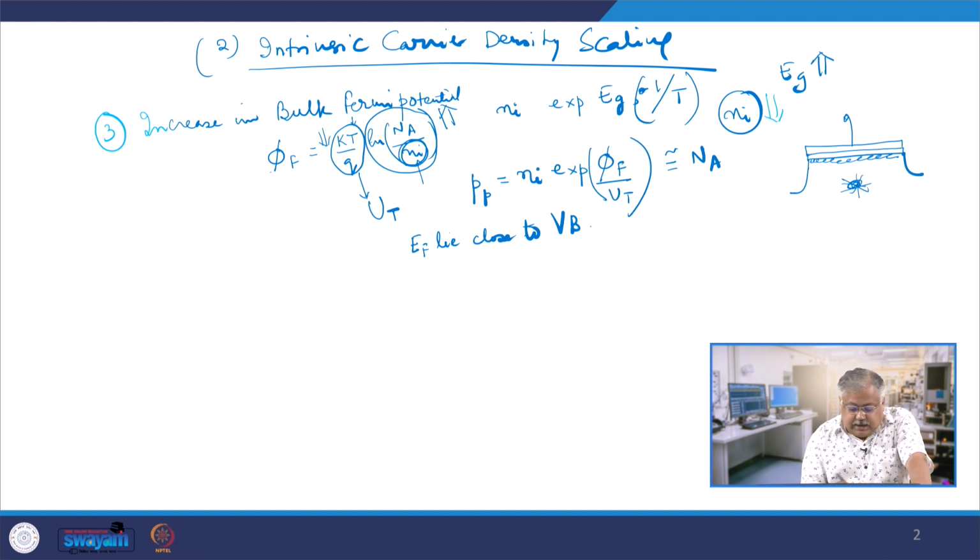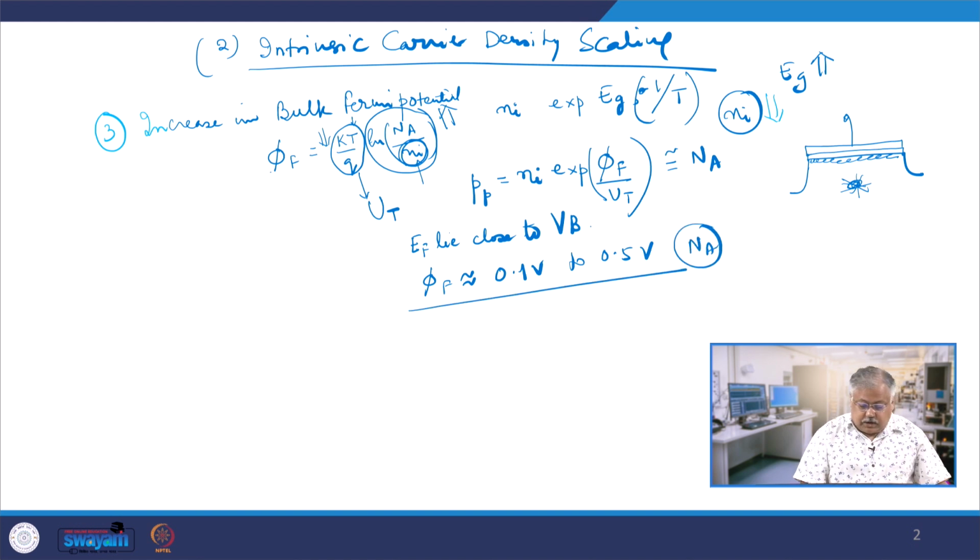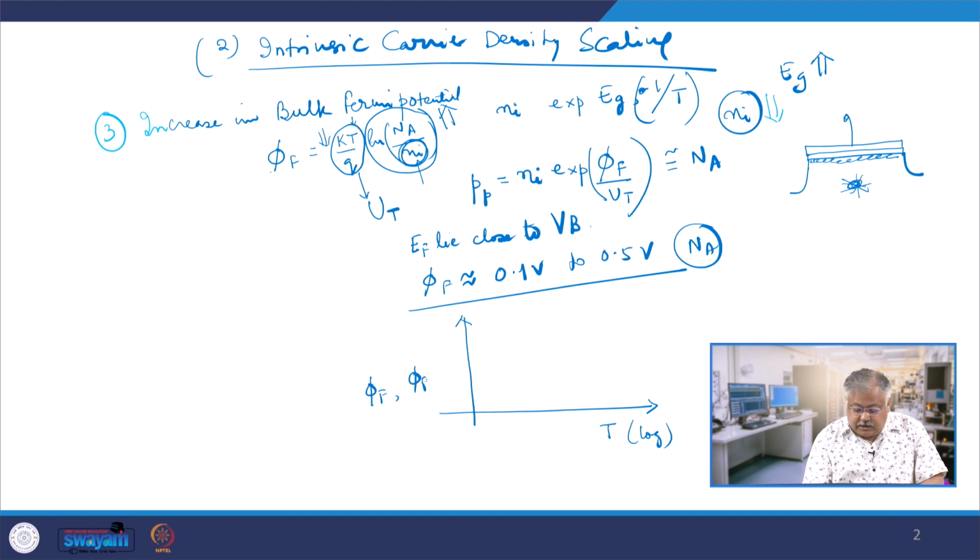The increase in phi f, the change, is generally of the order of 0.1 volt to approximately 0.5 volt, depending upon the value of Na which you have. So if you draw the graph of two things, this is my temperature axis, which is log scale, and this is my phi f, the Fermi potential, and phi f star, the change in the Fermi potential with the change in temperature.